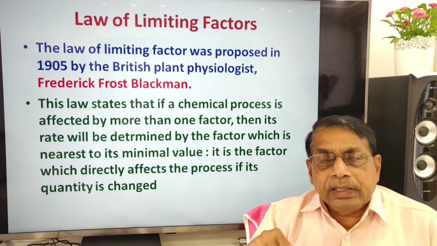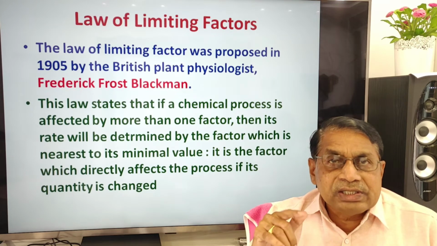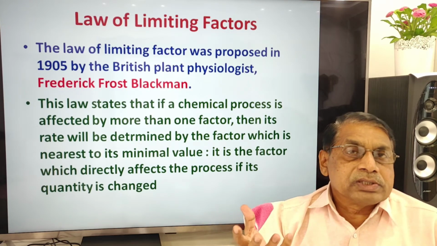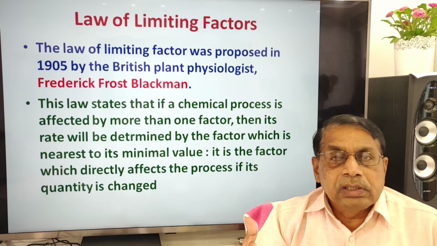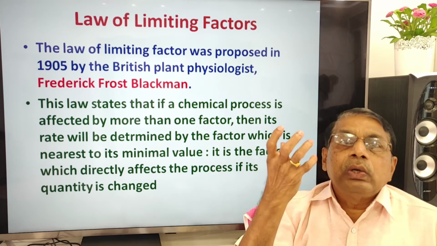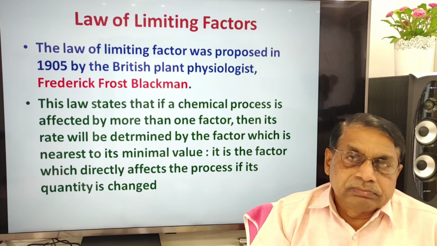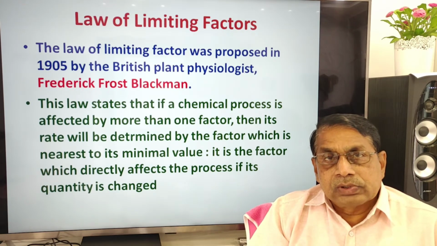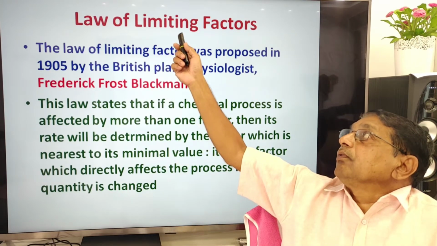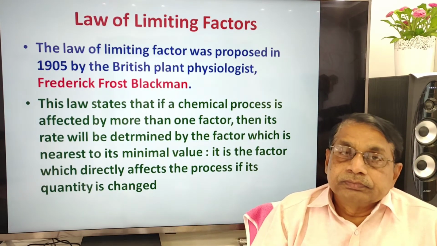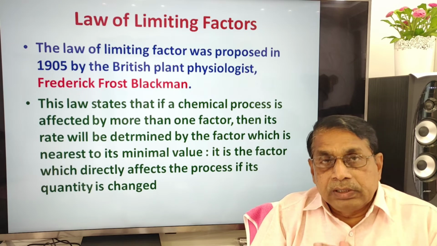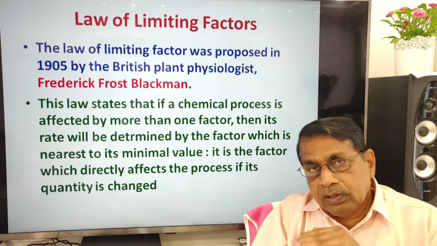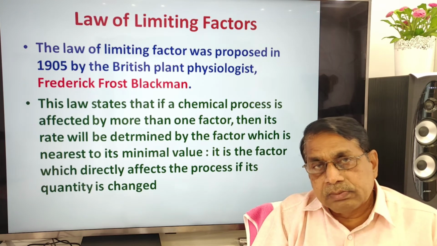So indirectly, the factor deciding the rate of photosynthesis is not the factors present in optimum quantities, but the factor which is at a very low level. That is called the limiting factor.